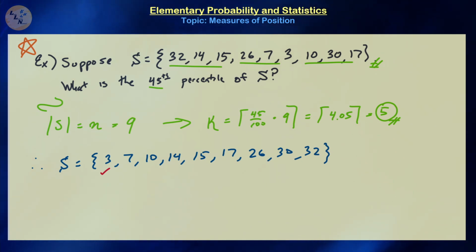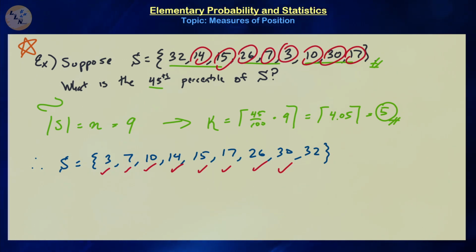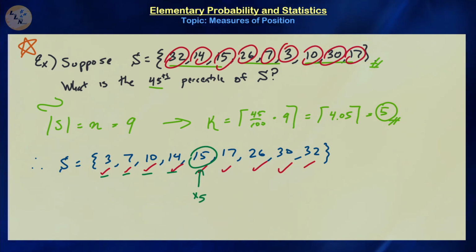So we have 3, 7, 10, 14, 15, 17, 26, 30, and 32. So we have all of our elements accounted for. That's wonderful. And make sure they're listed from least to greatest, of course. So this is going to be x1, x2, x3, x4, and this right here is going to correspond to x5.